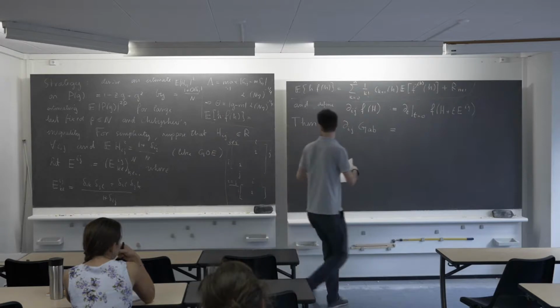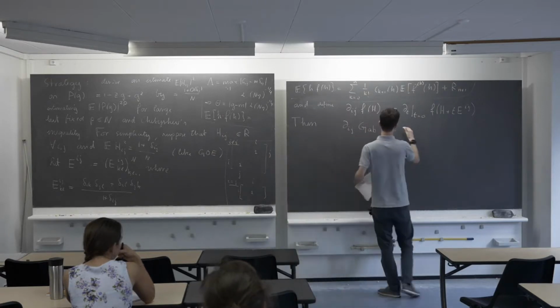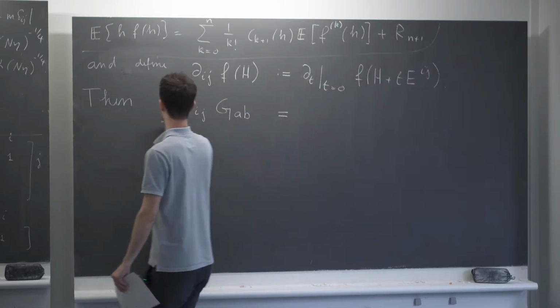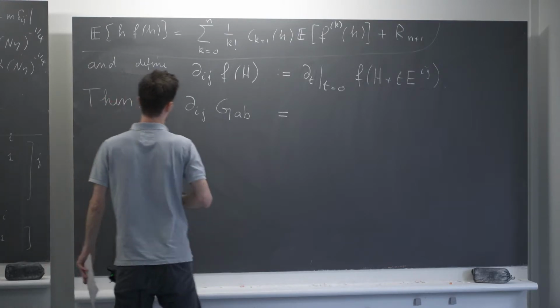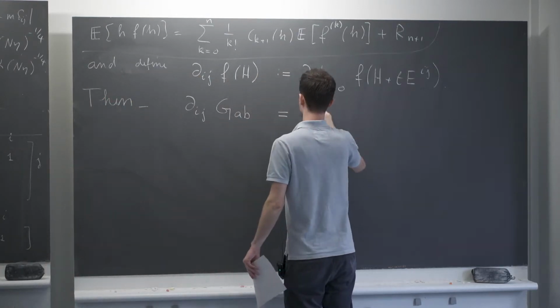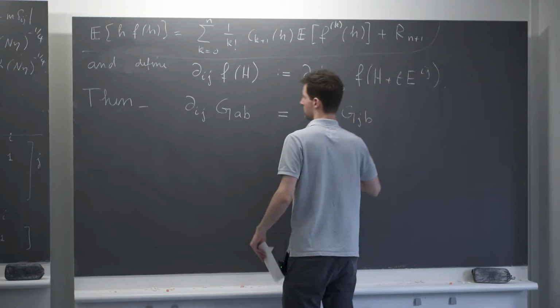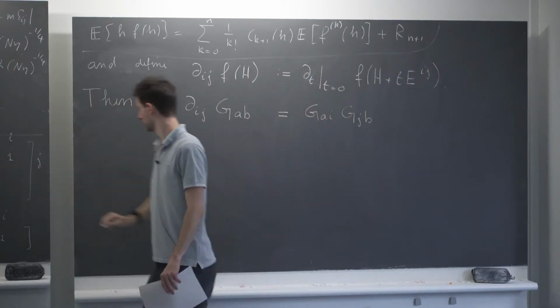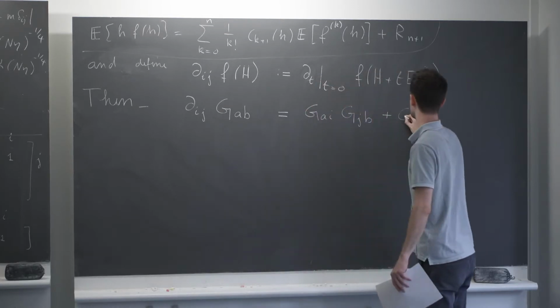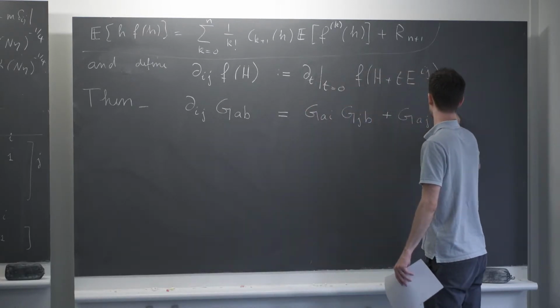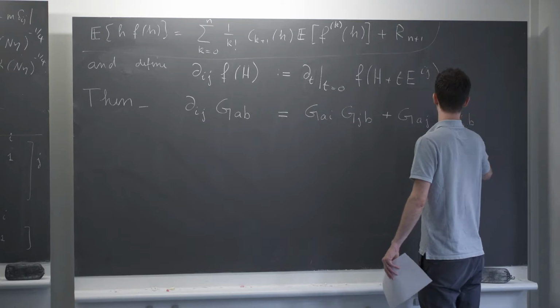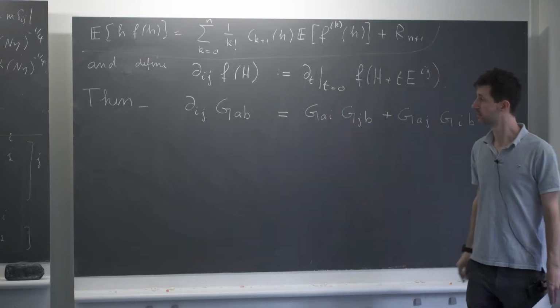And if I differentiate in this one, in ij, I get minus Gai Gjb. And if I differentiate in that direction, then I get Gaj Gib. That's if i is not equal to j.